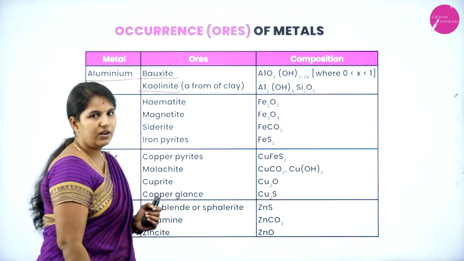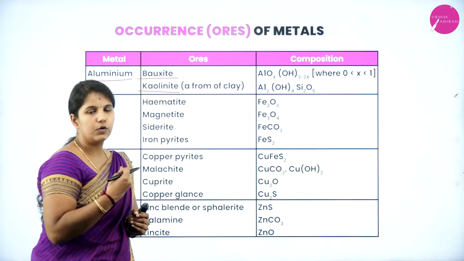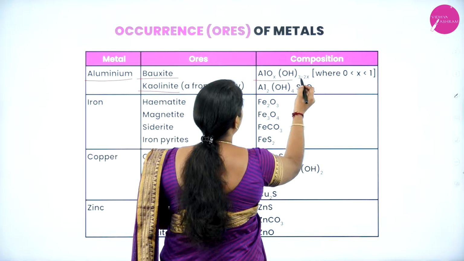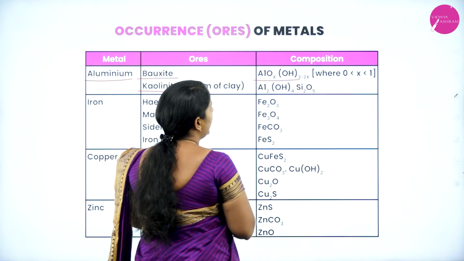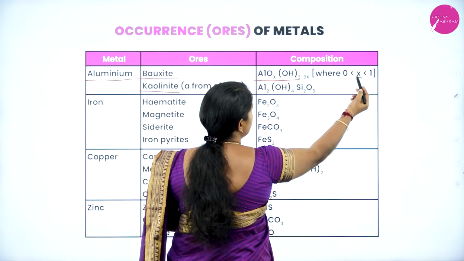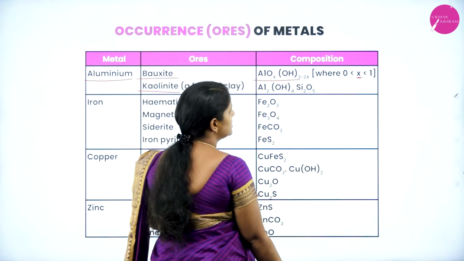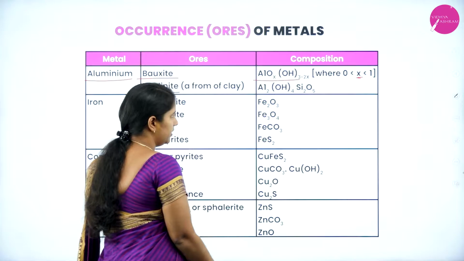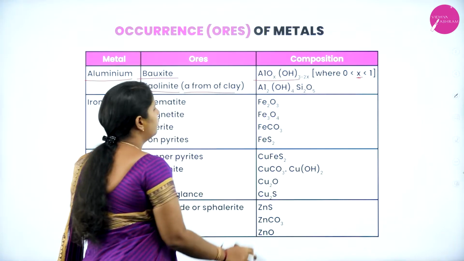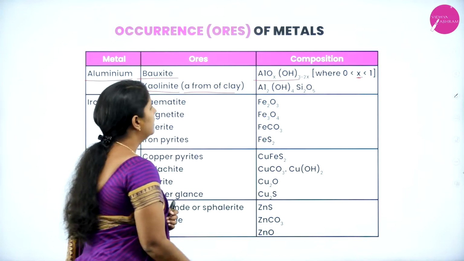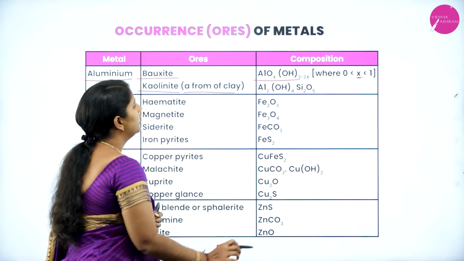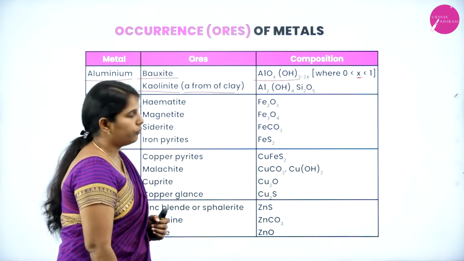The composition of bauxite is AlOx(OH)3-2x, where x is greater than 0 and lesser than 1, and kaolinite is a form of clay, with composition Al2(OH)4Si2O5.